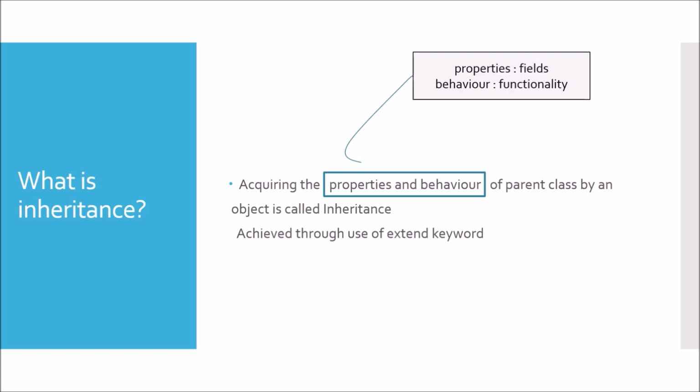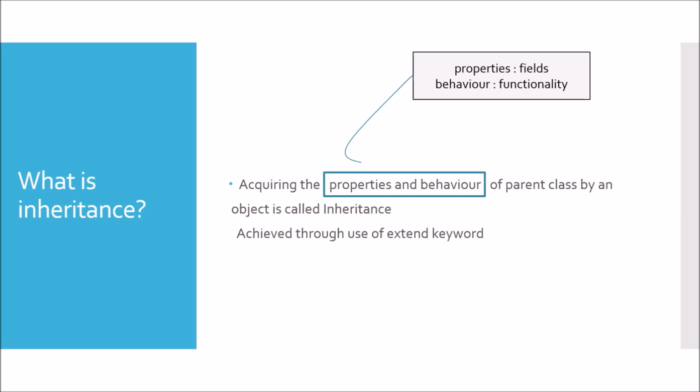Properties means fields and behavior means the functionality. Again, you have the concept of static and the concept of final that cannot be inherited in Java. So if you're talking about inheritance, be prepared that the interviewer is going to ask you about static and final with respect to inheritance.